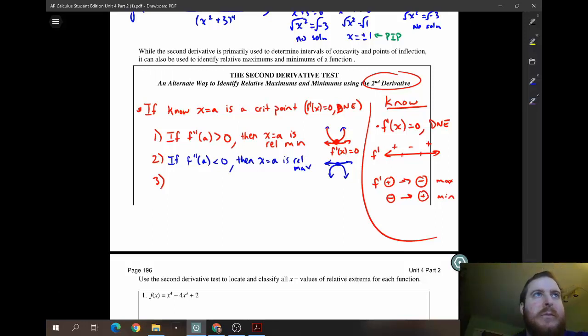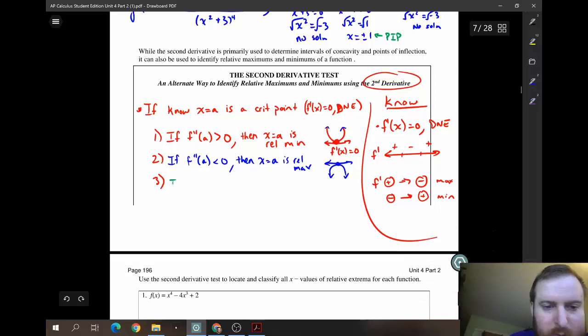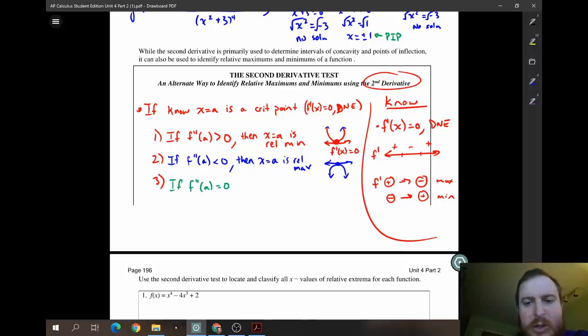Then our third case would be being neither positive nor negative, which would be being 0. So if f double prime of a equals 0, well, when it's equal to 0, this is where we have one of those vertical tangents.